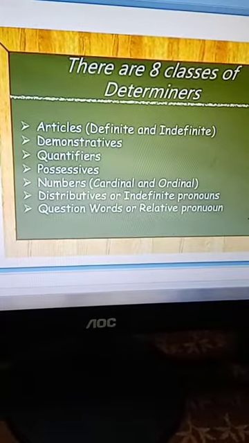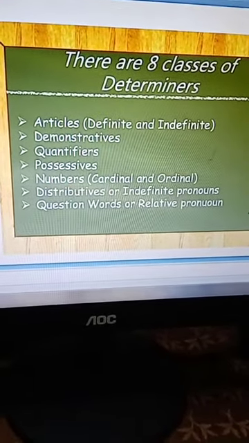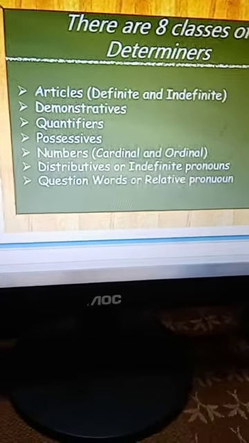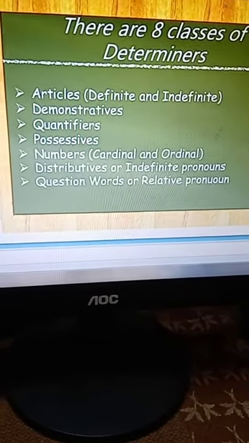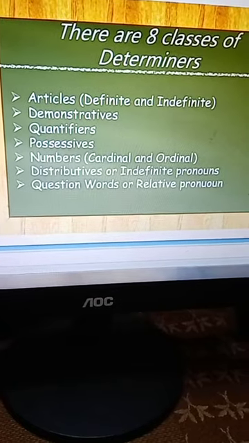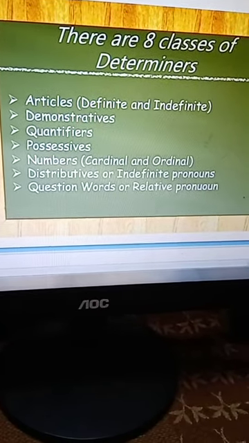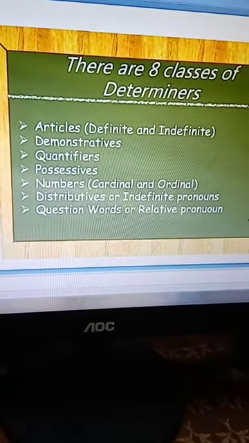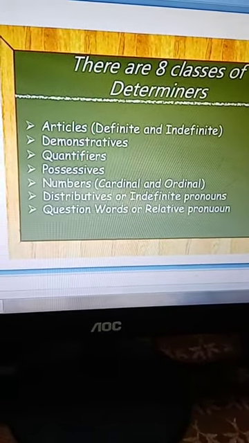First: articles, demonstratives, quantifiers, possessives, numbers, distributives or indefinite pronouns, and question words or relative pronouns. These are the 7 different classes of determiners.